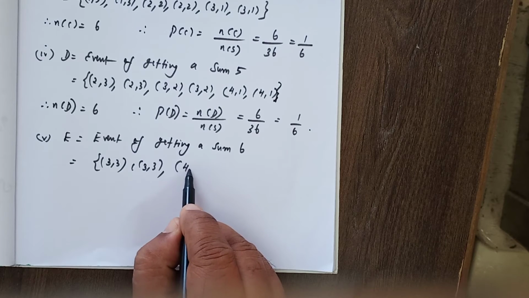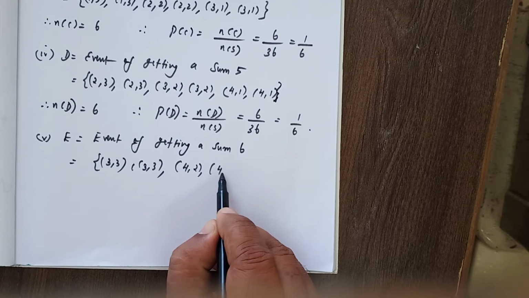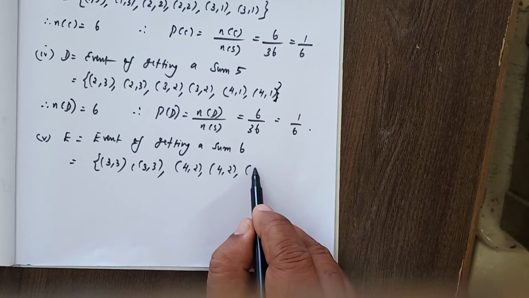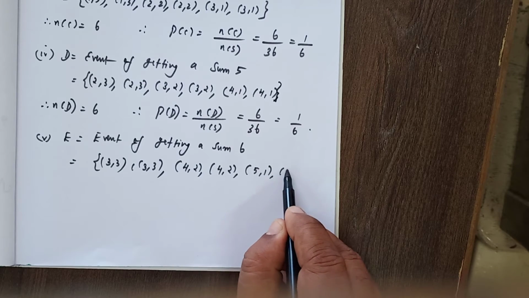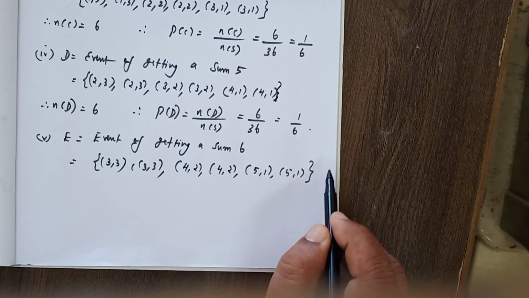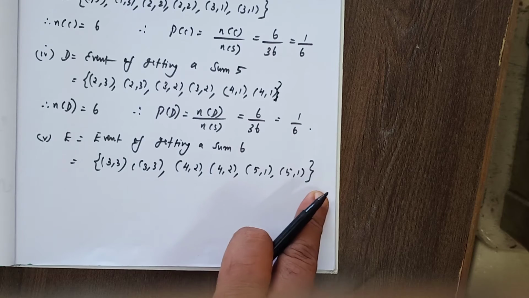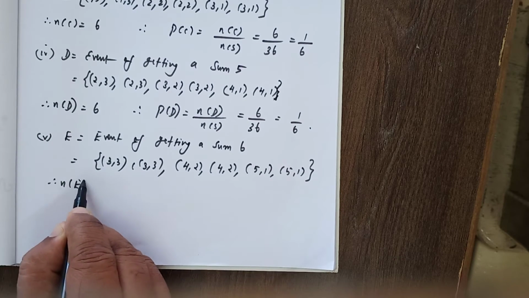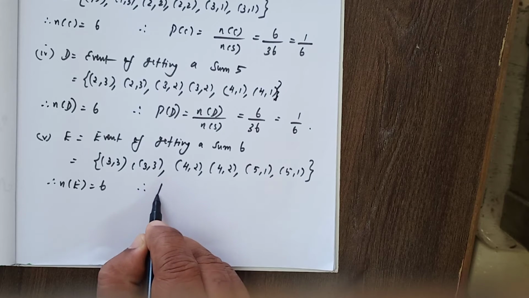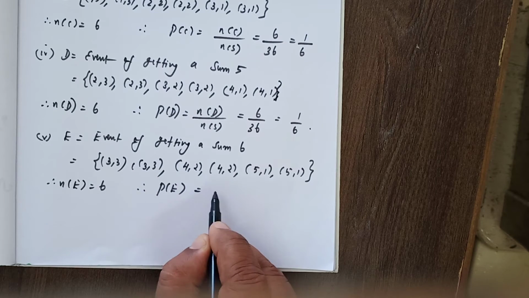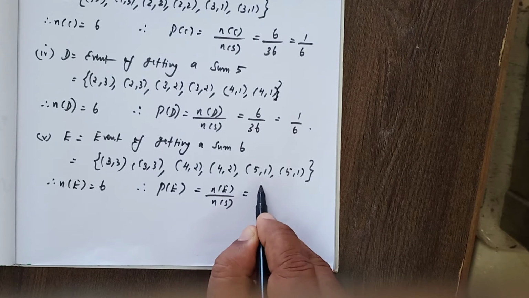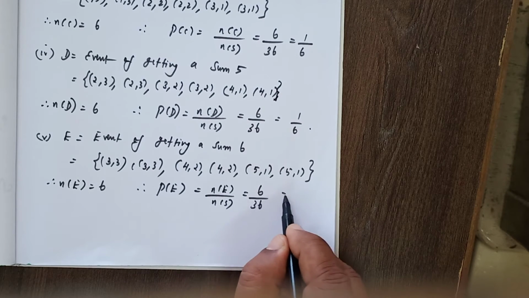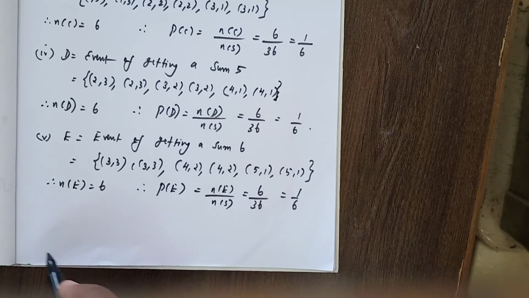Fourth row, you have 4, 2, again 4, 2. Fifth row, you have 5, 1, 5, 1. That's all. Each and every one totals 6. Therefore n of E equals 6. Therefore P of E equals n of E divided by n of S, again 6 by 36 equals 1 by 6.